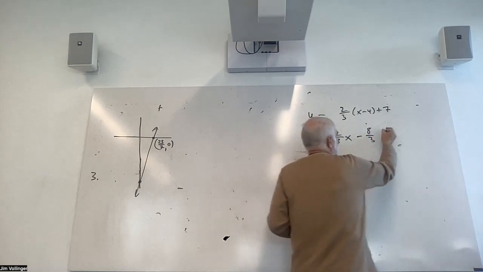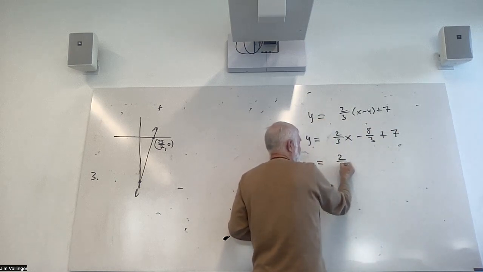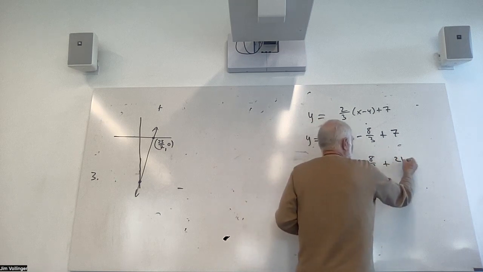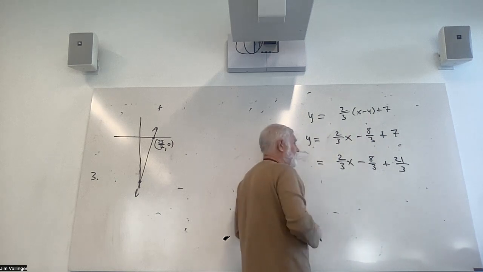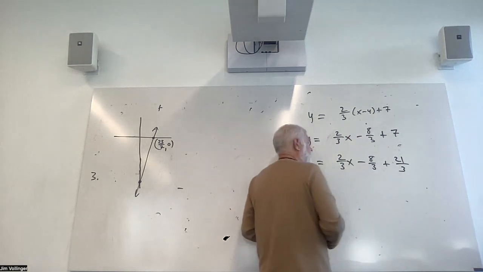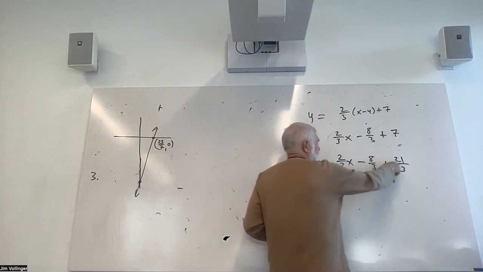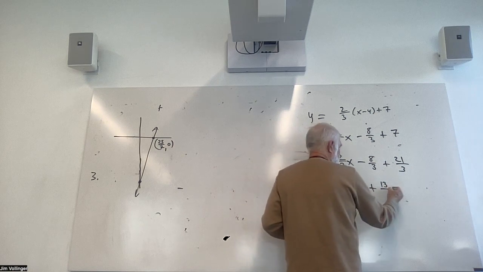All right, now I got to add 7. So what does that become? 2/3 x minus 8/3 plus 21 over 3. And I think you can see where that number comes from, I hope. Now I have like terms. The divisions are alike, so I can put the -8 and the 21 together. And that gets us positive 13 over 3.